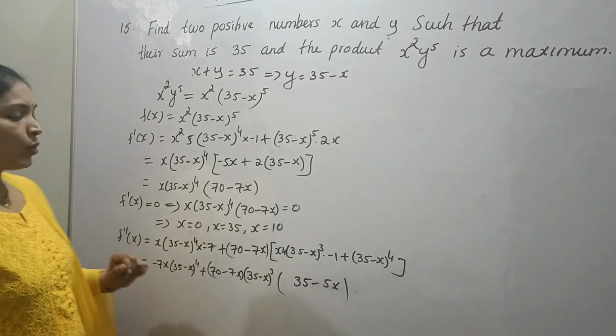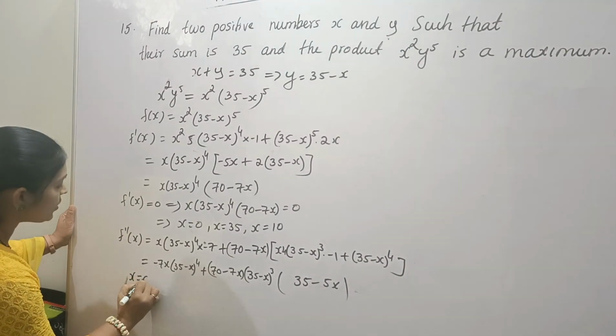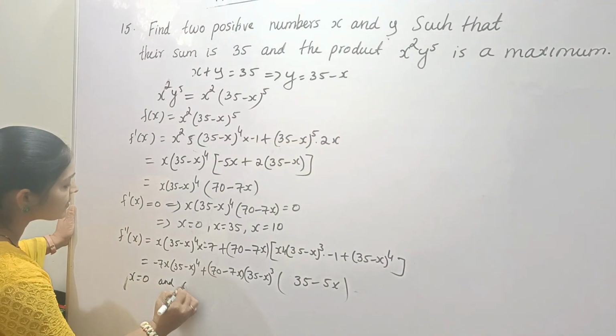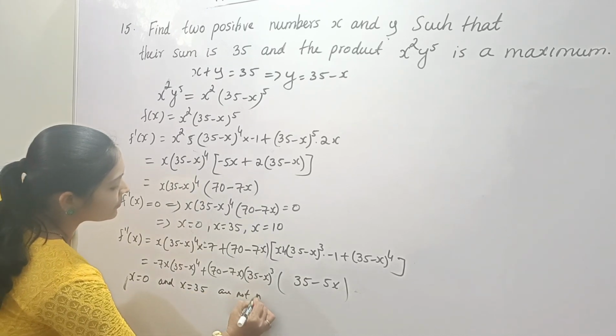So what about x is equal to 10? x is equal to 0 and x is equal to 35 are not possible.